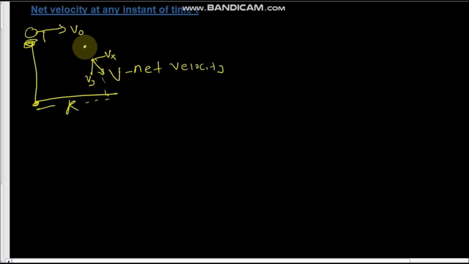This can be calculated by Pythagoras theorem: the net velocity squared is equal to the final vx squared plus vy squared.